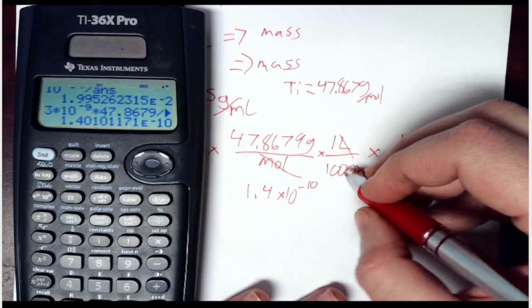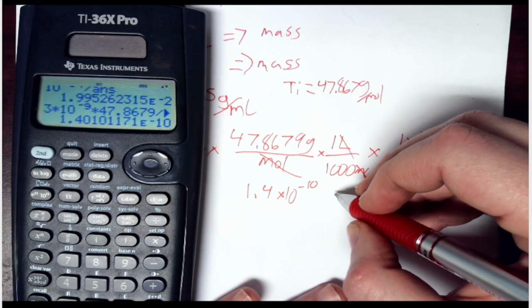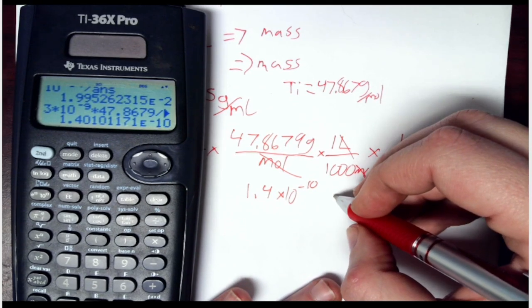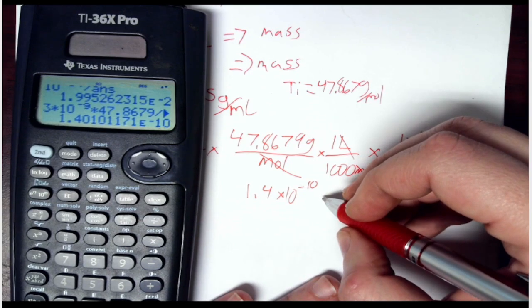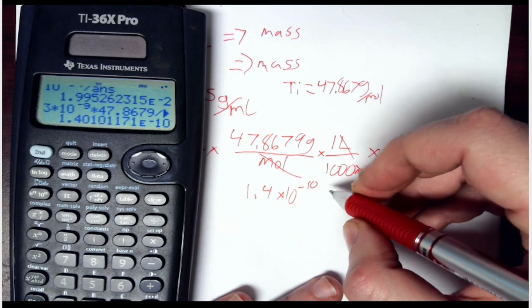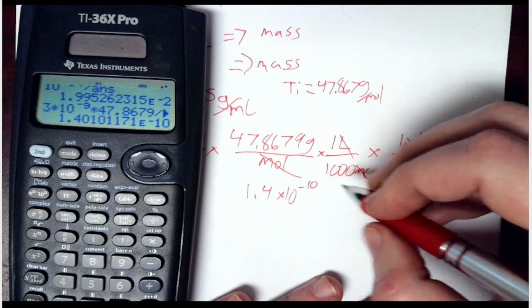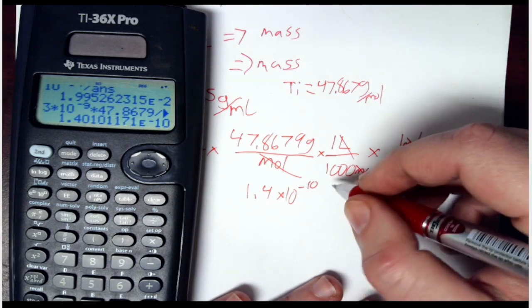So to get this into a reasonable number, 1,000 is 10 to the 3rd, a million is 10 to the 6th, a billion is 10 to the 9th.